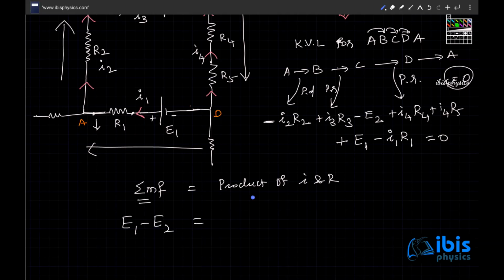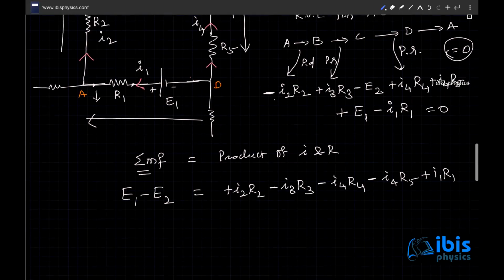On the right hand side, I2 R2 coming to this side becomes plus I2 R2. Plus I3 R3 becomes minus I3 R3, and plus I4 R4 becomes minus I4 R4. Plus I4 R5 becomes minus I4 R5. Minus becomes plus I1 R1.